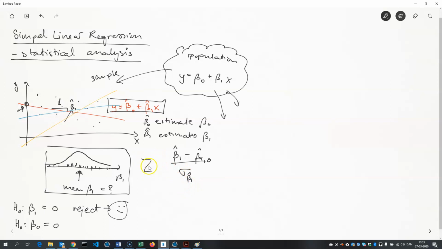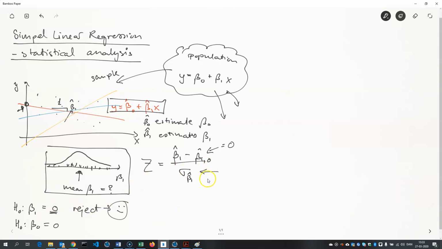Now, if we could write a test statistic like that, this would have a z distribution, a standard normal distribution. And keep in mind, our hypothesized value is 0 in our case here, because that's what the null hypothesis claims.